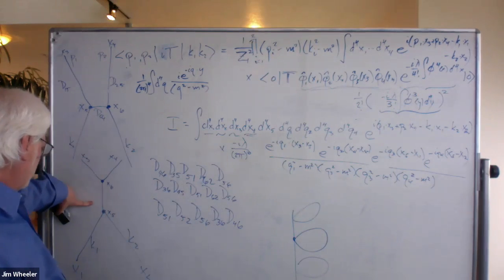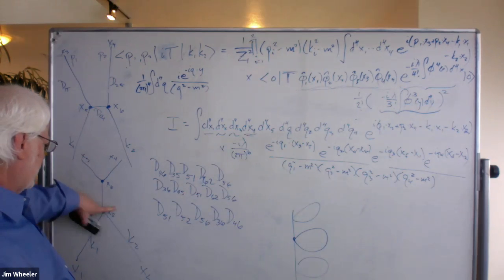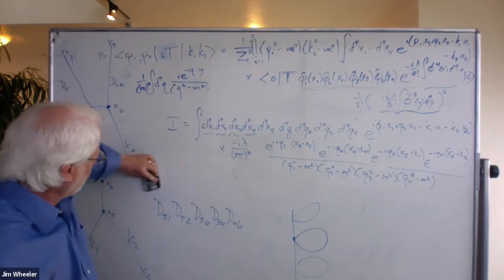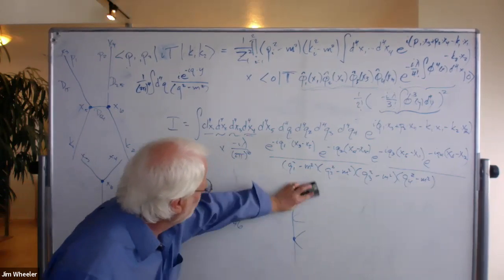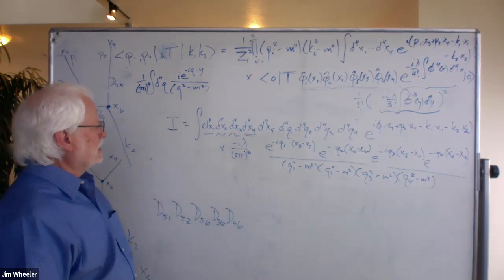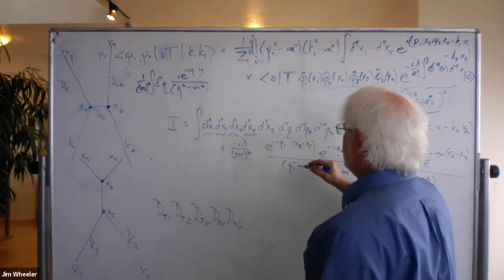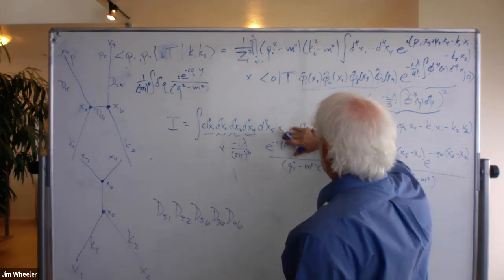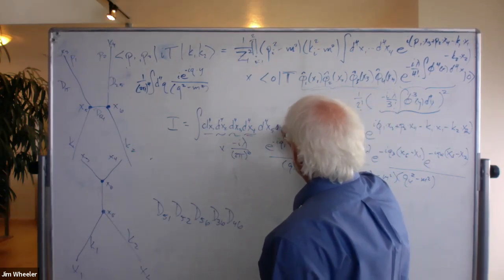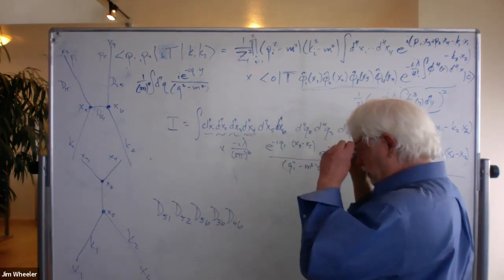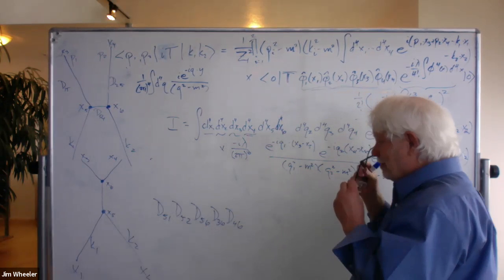We want this third one, so these are the propagators I want to write. We need a d^4x_6, because we now have 6 points of interest.